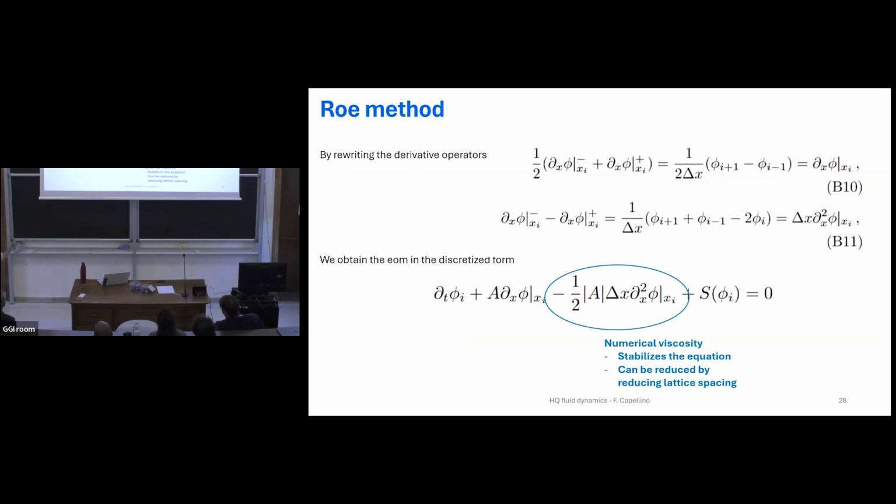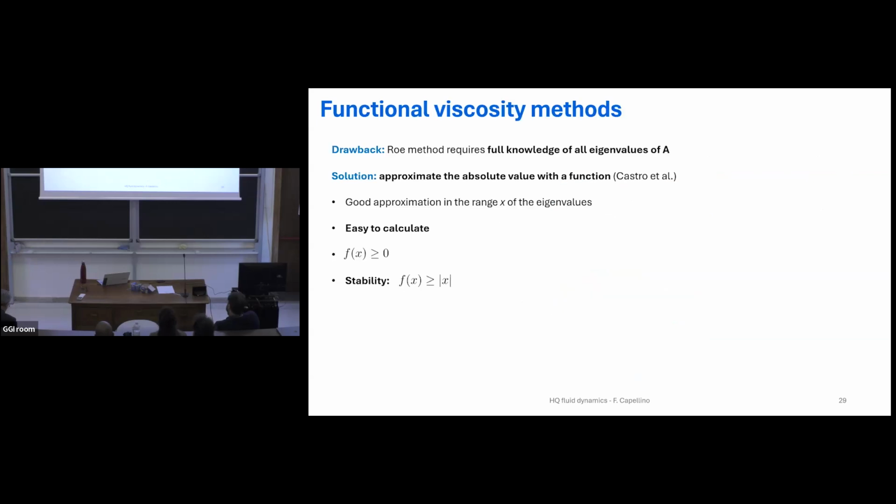And this can be achieved since this is proportional to delta x, that is the discretization of the grid, the lattice spacing. So when we go to very small distances, this goes to zero. And this is the equation that we can now use to solve our system of equations.